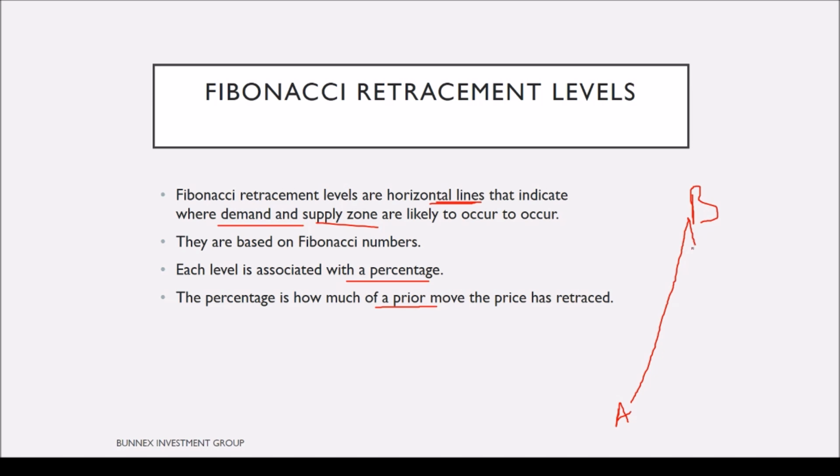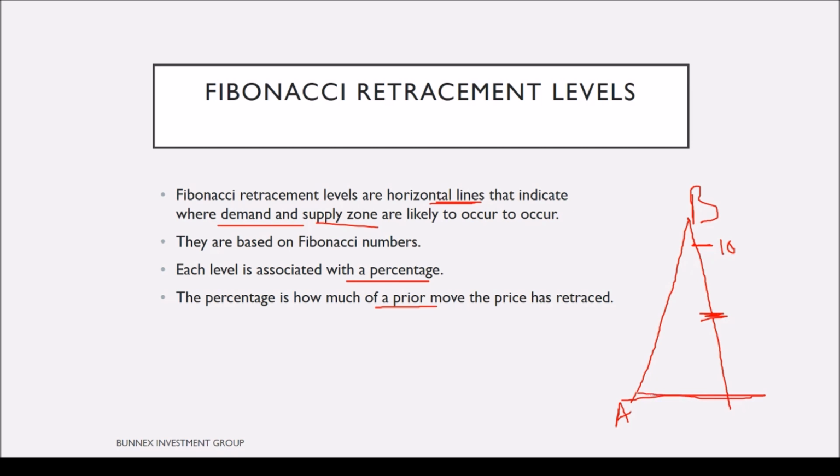Let's say the price retraced to this point. We might say it retraced 10% of the prior move AB. Or if it comes to this point, we would say the price retraced 50% of the prior move AB. Or if it goes to this, we would say it retraced 100%.